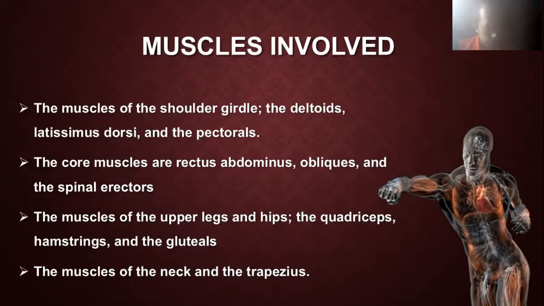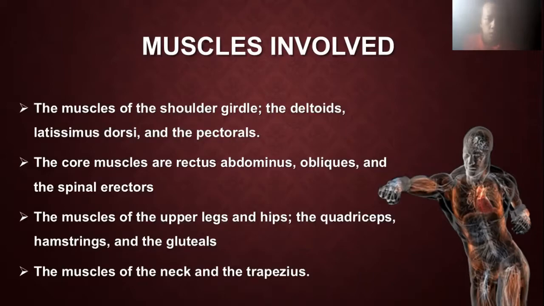So it is good for the athlete to develop the muscles of the shoulder girdle. The next one is the latissimus dorsi, which is at the back of our body. And the next one is the pectorals, which is at our chest.